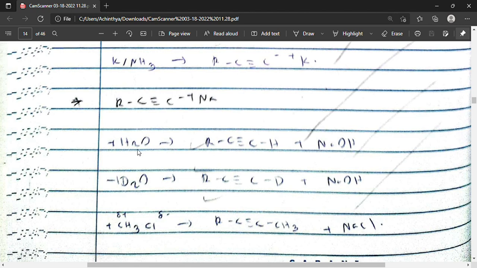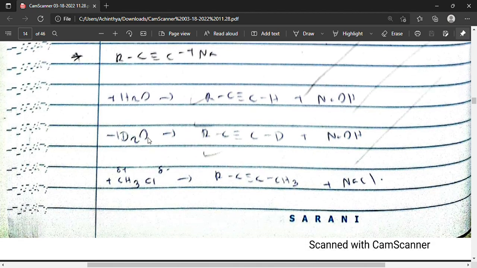If we add water to the sodium salt, we retrieve the old alkyne again, and we see sodium hydroxide being produced as well. The H of the water goes to here, and the OH of the water binds with sodium to form sodium hydroxide. If we do it with D2O, we get pretty much the same thing, except we have deuterium here instead of hydrogen.